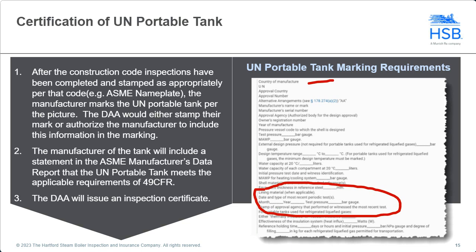Where that's documented is right on that original UN portable nameplate. So you want to make sure that your UN portable nameplate has space for documentation of the periodic test. And we'll talk about that on the next slide.